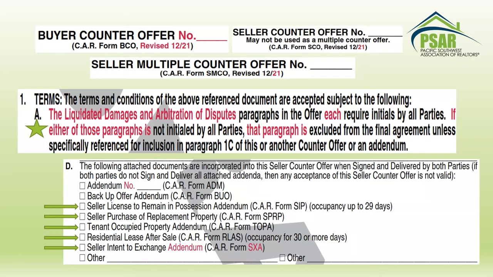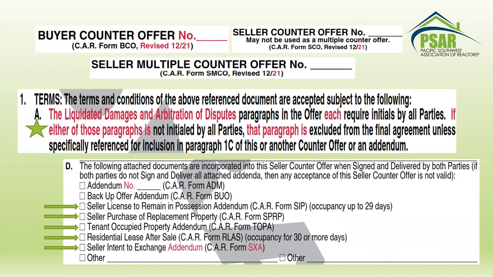Then they have something on there, these two forms, the seller intent to exchange addendum and the buyer intent to exchange addendum. They're not new, but many people just didn't realize we had them. And so oftentimes we see in a counteroffer where somebody will write in, buyer to cooperate with seller's 1031 exchange.